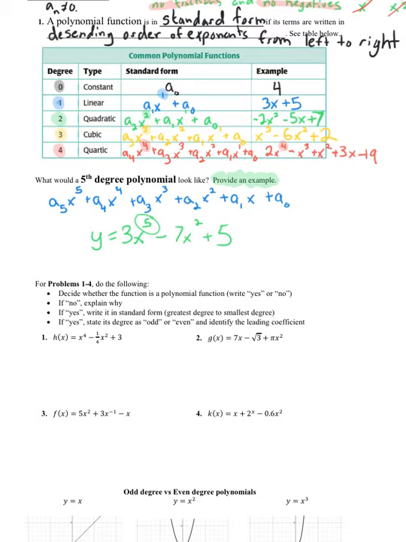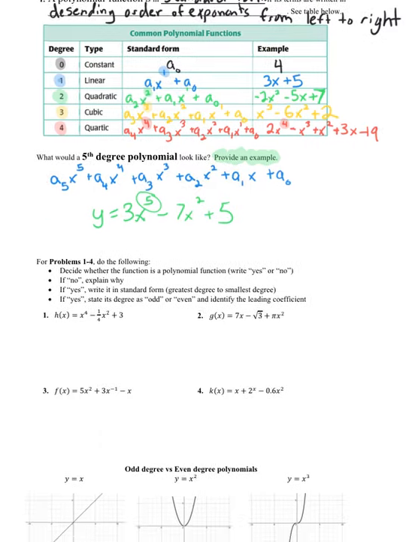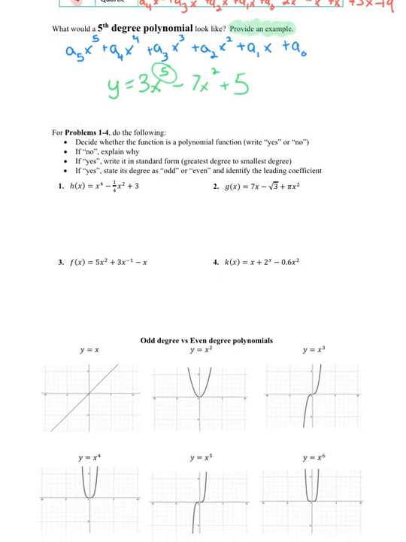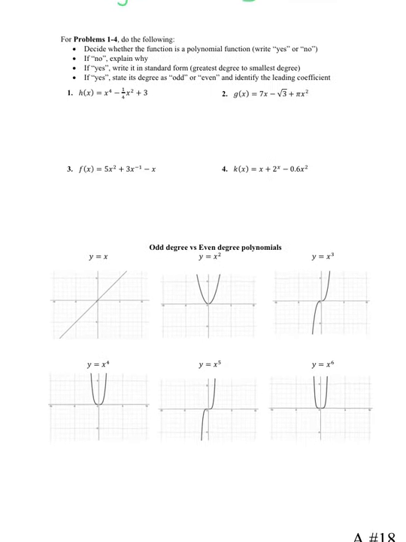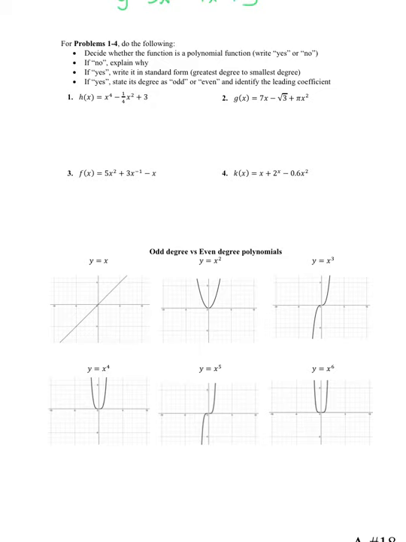Okay. Now, there are 4 problems down here I'm going to ask you guys to work on. And it says, for problems 1 through 4, do the following. First, decide whether the function is a polynomial function. So you're going to write yes or no. Yes, this is a polynomial function. No, this is not a polynomial function. If it's not a polynomial function, you'll explain why.